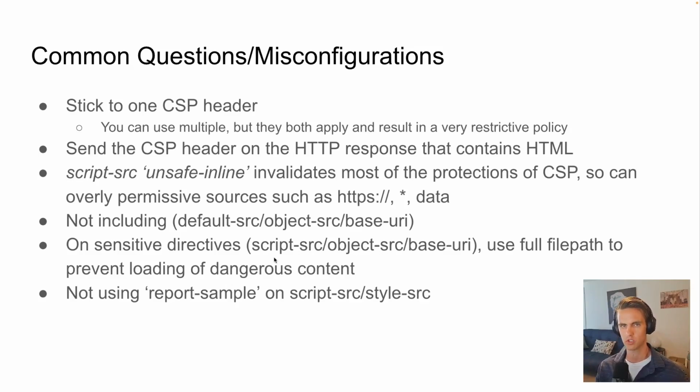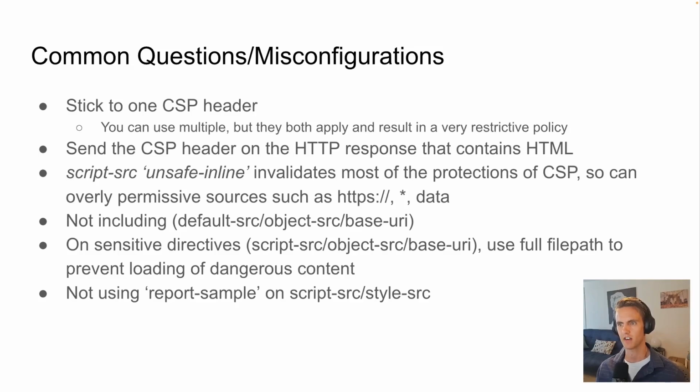If you're using a script source, you don't want to include just a generic CDN, like cdn.example.com. You want to do cdn.example.com/jquery.js. You want to include that full file path because for the most part, CDNs allow a lot of different content. And there's a common CDN, for example, that allows you to host your GitHub project for free.